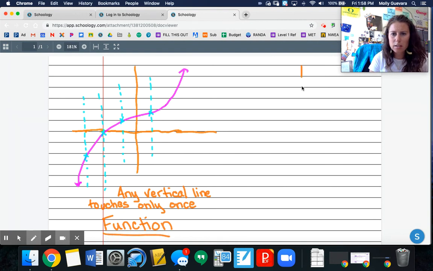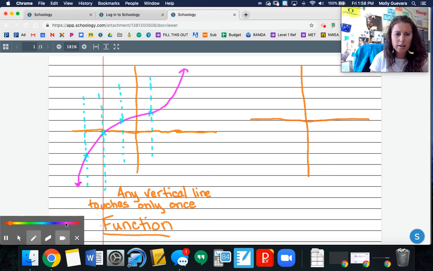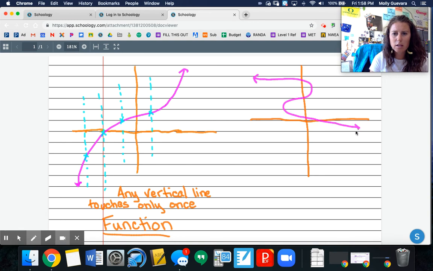Okay, let's look at an example of what not a function would look like. Okay, pick a weird pink color. Let's say that I have a graph that's doing this. If I were to draw some vertical lines here, like here, only touches once, that's fine.